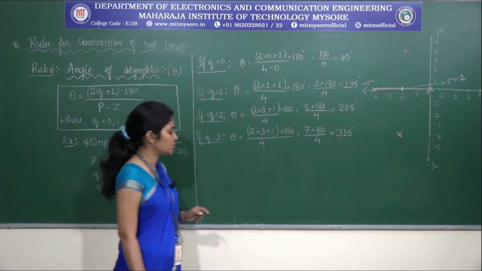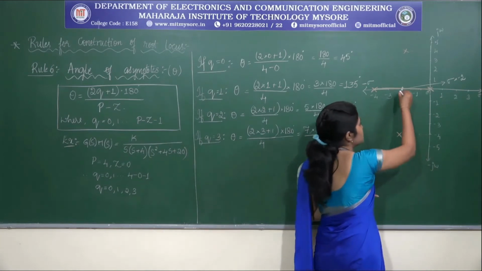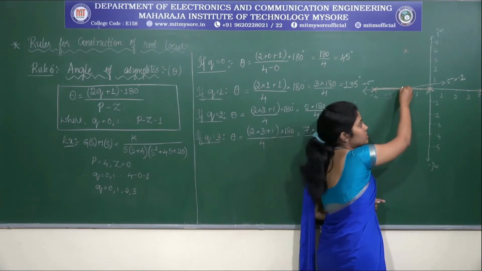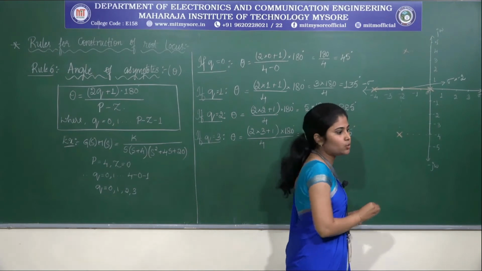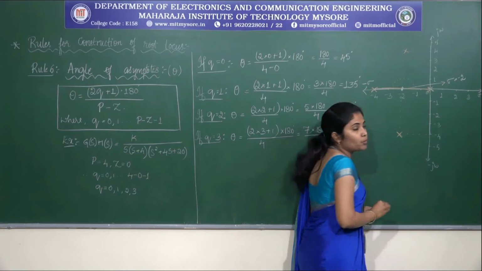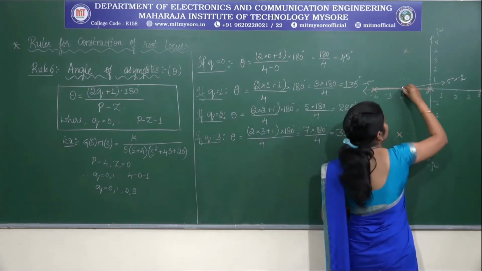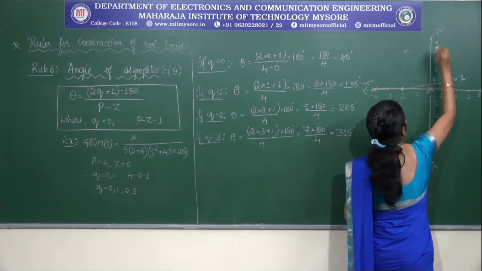Now what I need to do is take a protractor and keep the protractor centered at the centroid, sigma equal to minus 2. If I keep the protractor here, I need to measure the first angle as 45. So the 45 degree comes somewhere here.